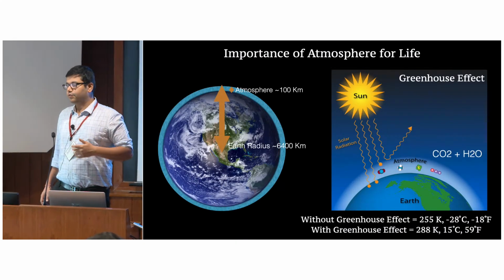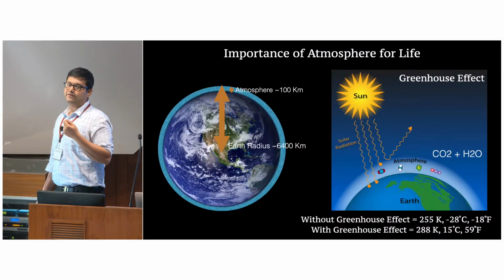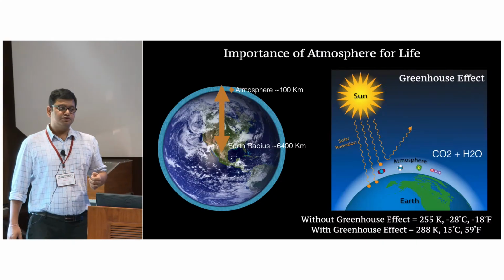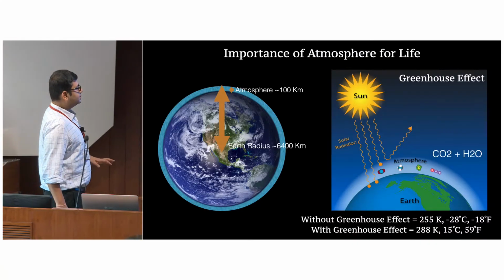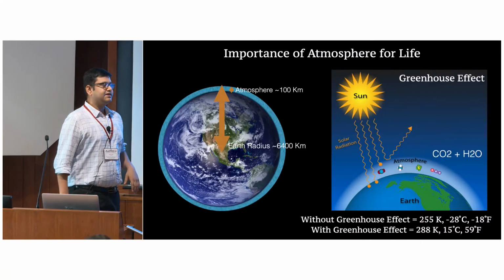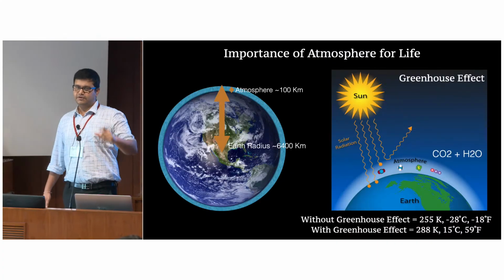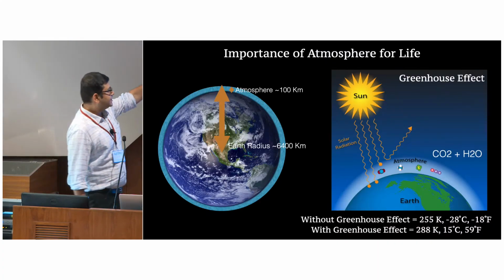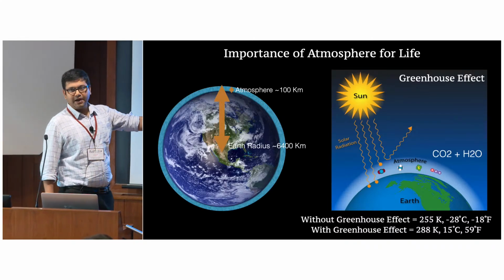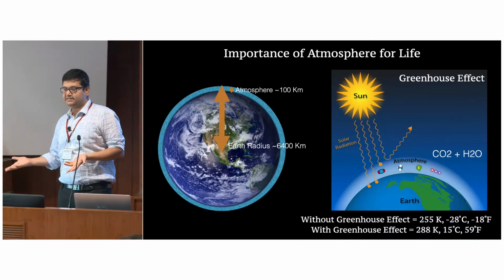So why is atmosphere important? What is the importance of atmosphere for life? The best example is our own Earth. Now, if you think of Earth, the radius of the Earth is around 6,400 kilometers. Out of that, most of the atmosphere lies within 100 kilometers. It's a very thin part of it. But that thin part is what makes life exist on Earth.